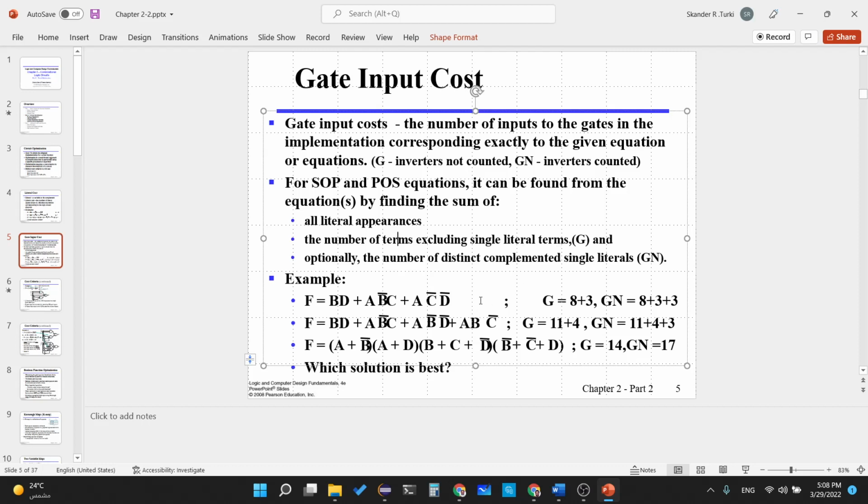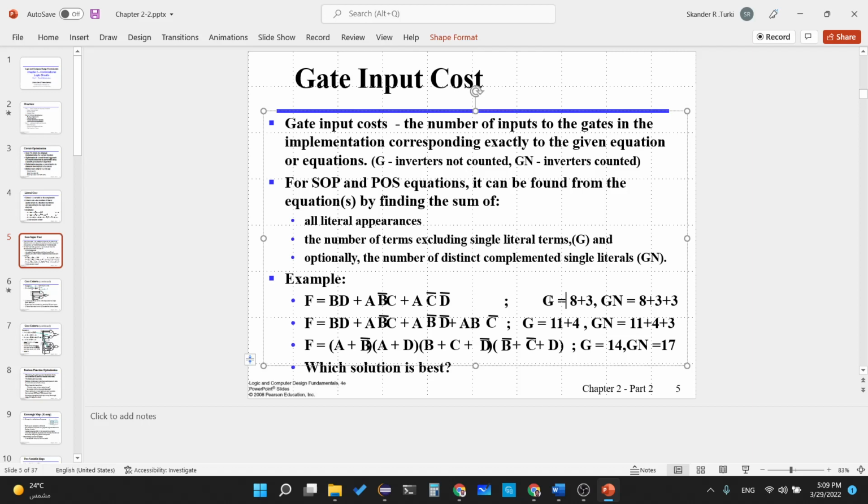If you have plus A, for example, you don't count it again. Optionally, the number of distinct complemented single literals, this is for Gn. So here G will give us 8 plus 3, and for Gn you have to add 3 for the NOT gates.